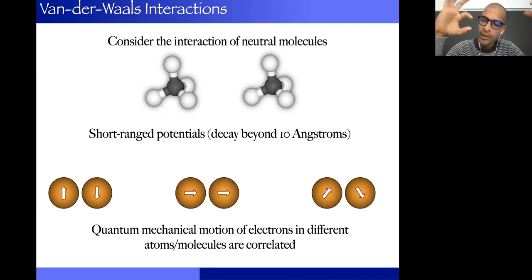Even though they're individually weak, for example, the Van-der-Waals binding energy between two methane molecules is less than a kilojoule per mole, less than kBT, there are many of them in biological systems, and they can add up.